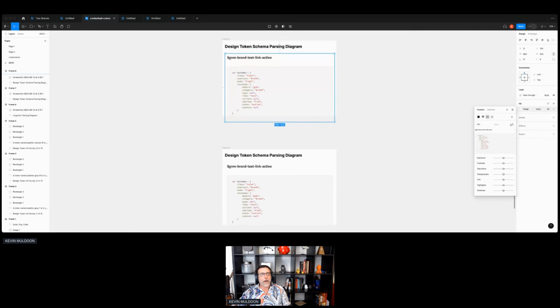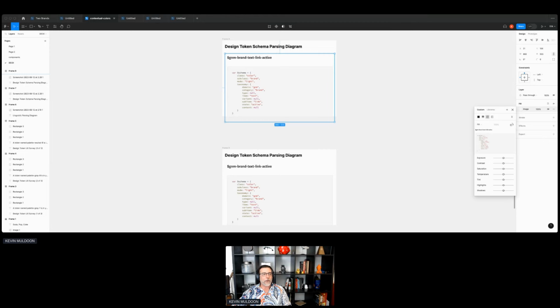But if I come over here and then scroll on down, the thing is, I'm actually not very, very happy with that name. I don't really think that brand really significantly points to color. I just don't. I think that really should be a color, like so.